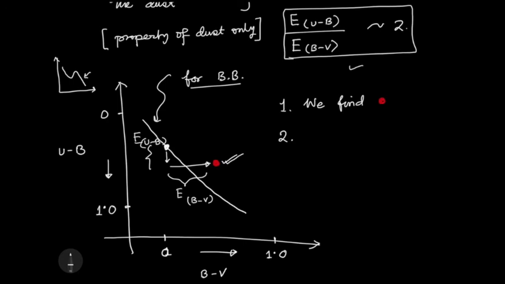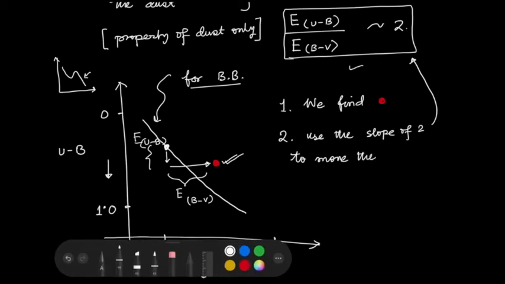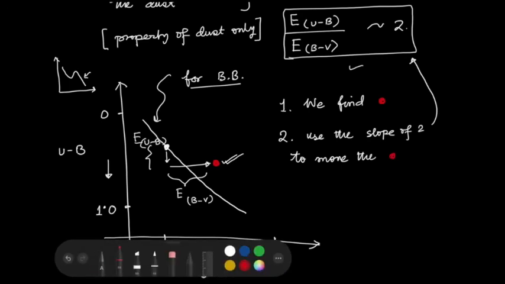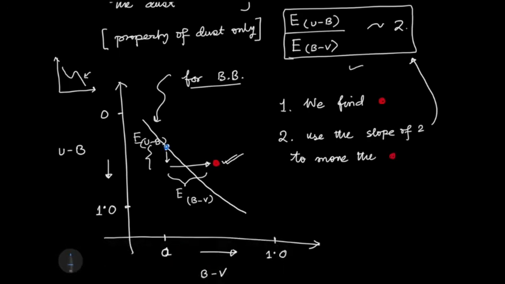I use the slope of 2, which is coming from here, to move the red point to here.